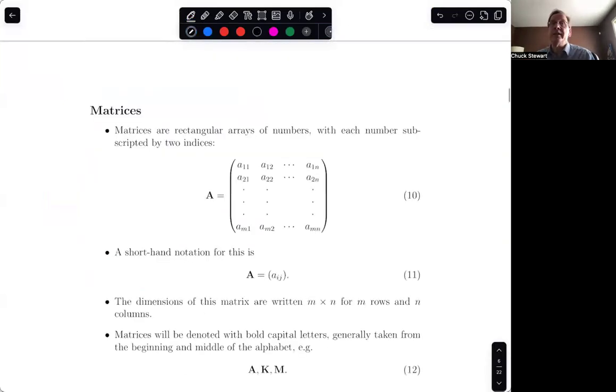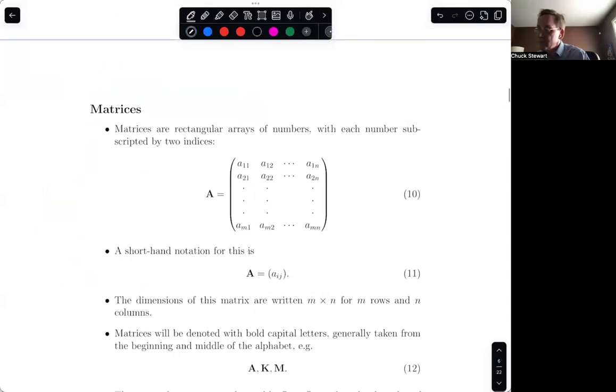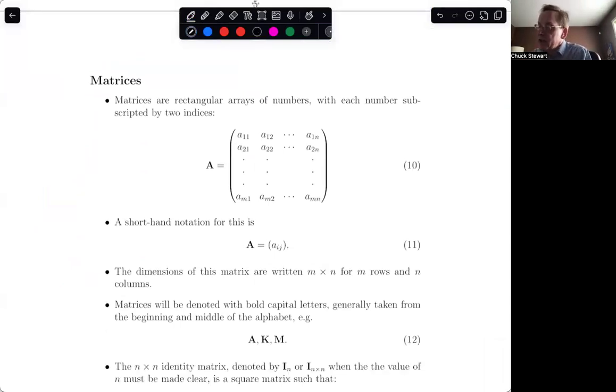Now on to matrices. A matrix is a rectangular array of numbers with each number subscripted by two indices, ij, where i is the row and j is the column. And you'll notice that in linear algebra, of course, the indices typically start with 1.